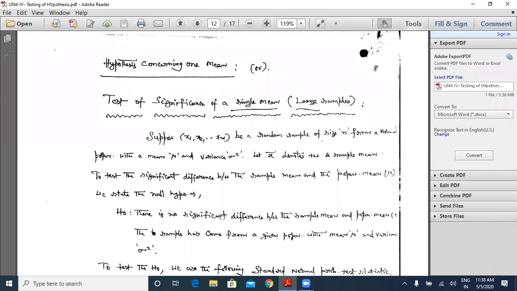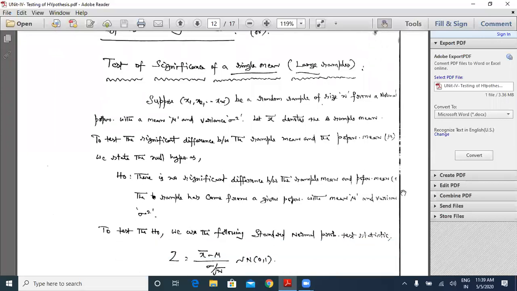I already told you, in H naught this word will appear. There is no difference. We assume like that. So likewise here also, there is no significant difference between the sample mean and population mean.